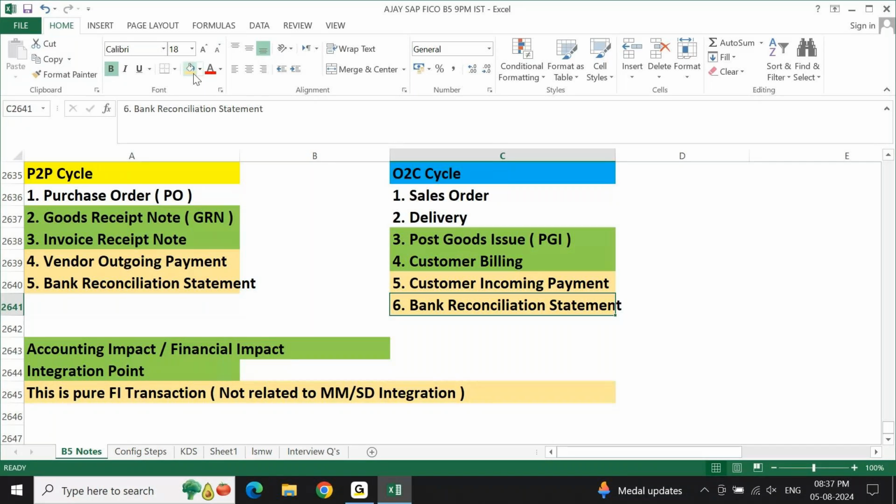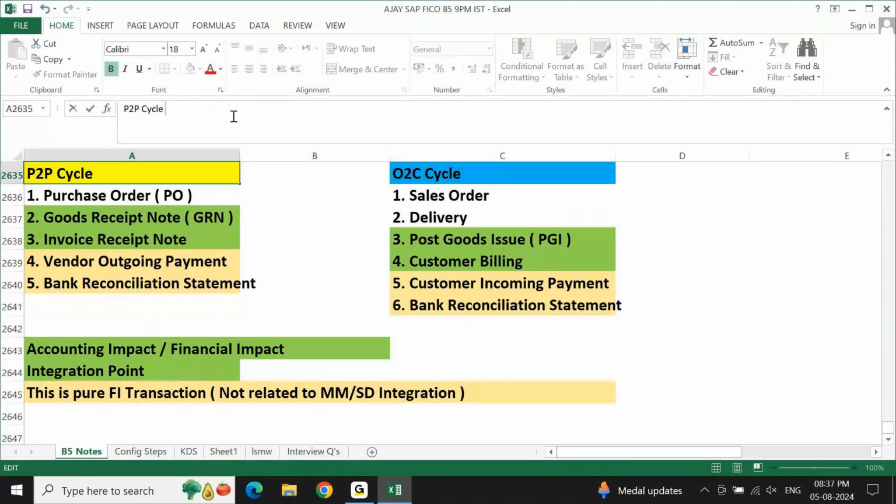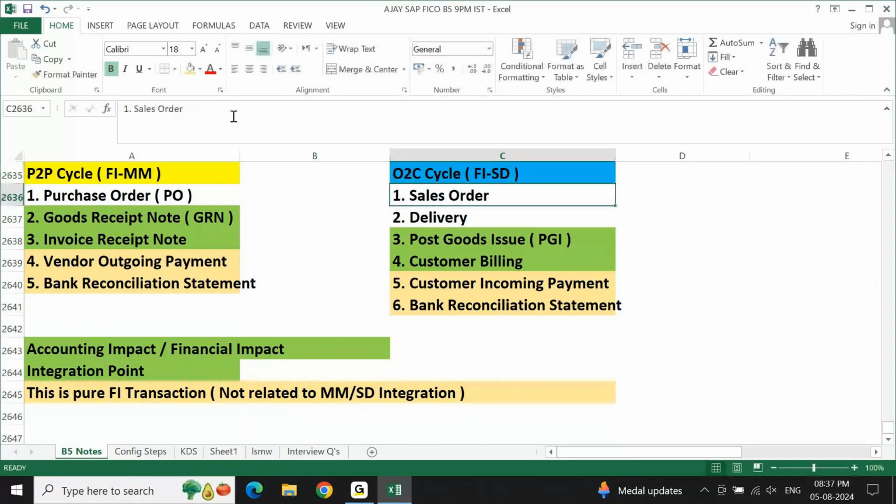Similarly, bank reconciliation statement. This is again a direct accounting entry which is posted in FI, not related to any integration point. Now, out of these two cycles, P2P and OTC, there are only 4 points identified as integration points. On the MM side, there are 2 integration points. On the SD side, there are 2 integration points. In short, this P2P cycle is FI-MM and this OTC cycle is FI-SD.